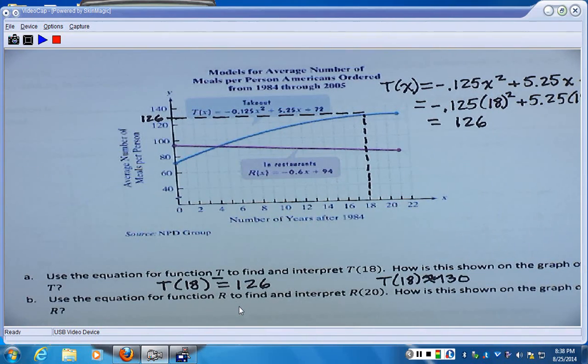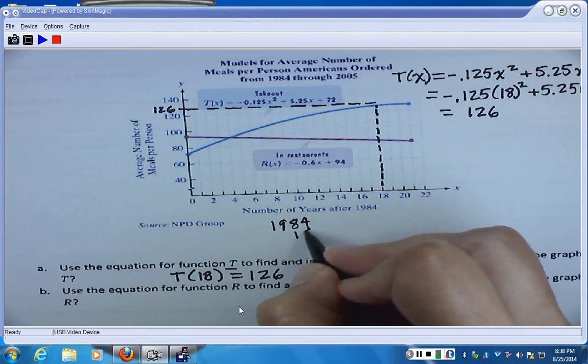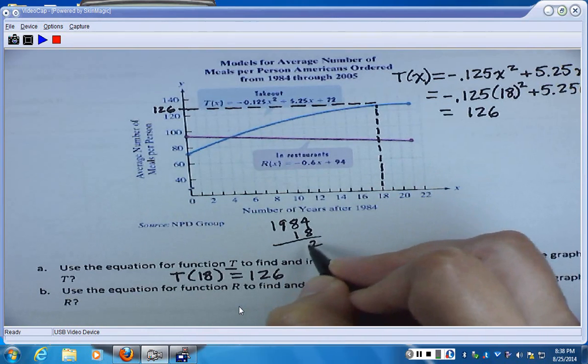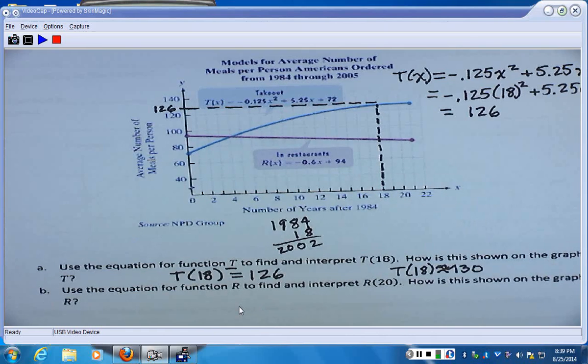And what does t of 18 mean? 18 years after 1984. So 1984 plus 18 is the year 2002.